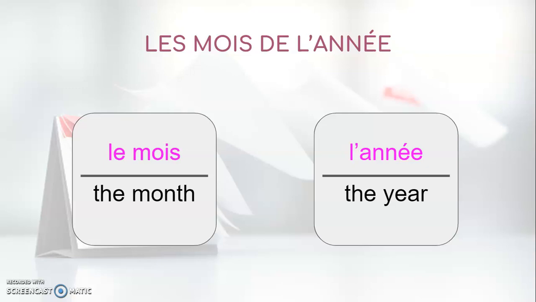So we see les mois de l'année. Le mois means the month, so les mois would mean the months. L'année means the year. So les mois de l'année, what does it mean? You've guessed it, it means the months of the year. All right, so let's actually see the months of the year en français.